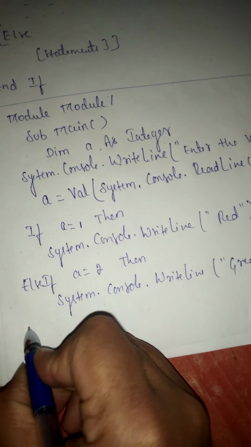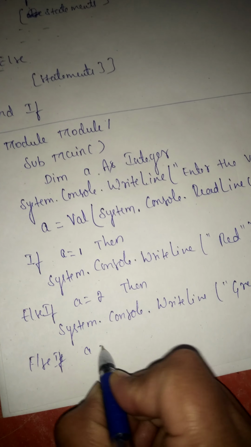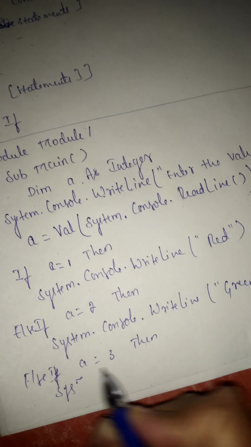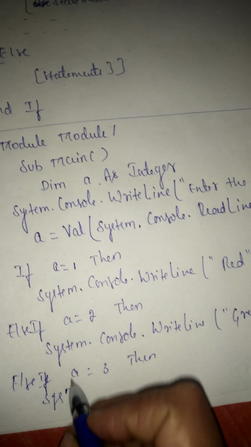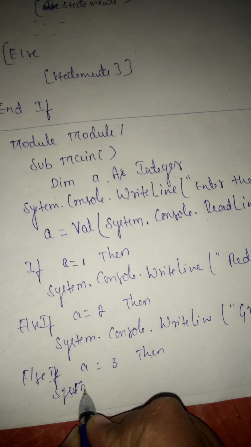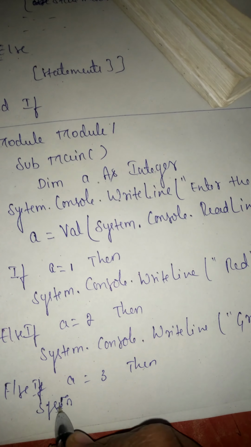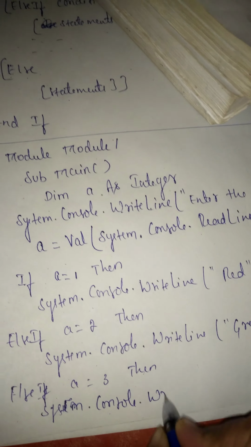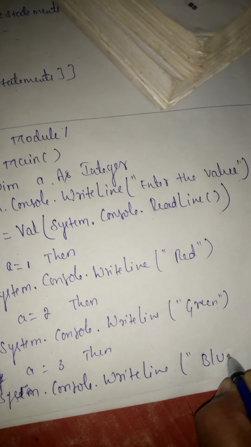Else if a is equal to 3, then I am going to print it as System.Console.WriteLine of blue.